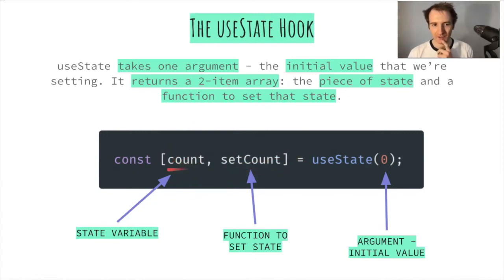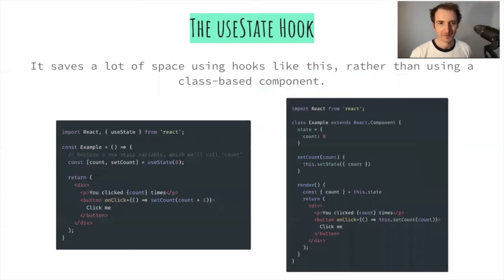What we're doing here is just using the ES6 syntax to destructure these values from the array that we get back. So we're calling this count, but we could also call it number. We could call it dinosaur, anything, as long as it's descriptive and useful. And as I said, the argument is the initial value of that piece of state. So what this does is it gives us this variable called count. It sets it to 0, and it also gives us this updater, which can update that value to something else.